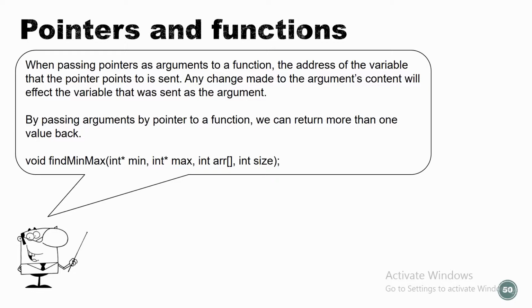So let's look at this line. Void find min max, and let's see what it gets. It gets an int, a pointer to int with the name min, a pointer to int with the name max, and an array and its size. What do you think this function does?